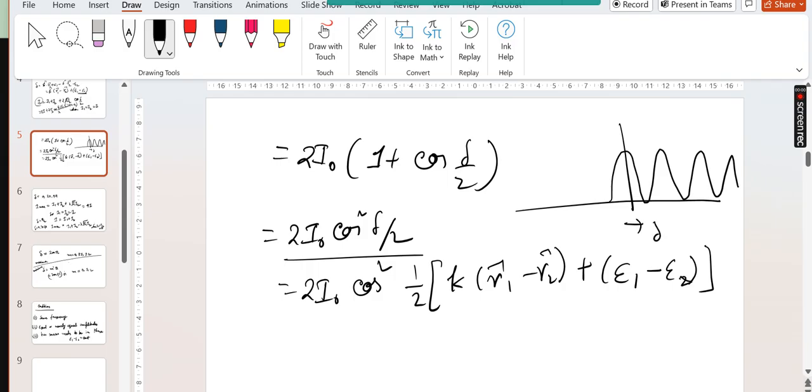This is delta and this is I. Here this is the minimum position and this is the maximum.